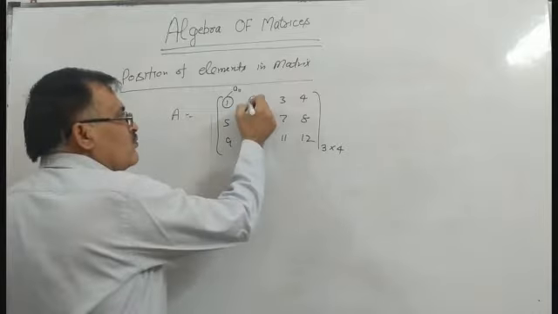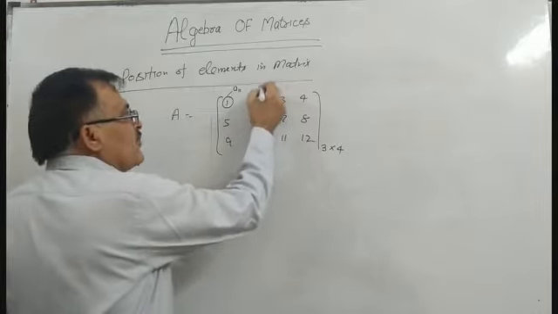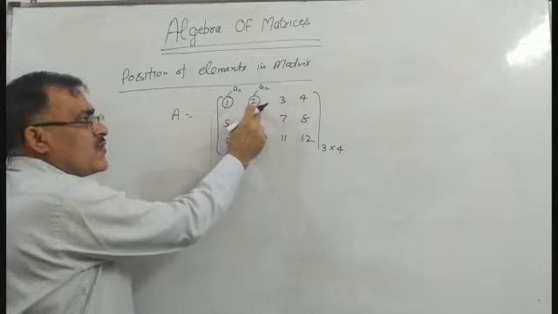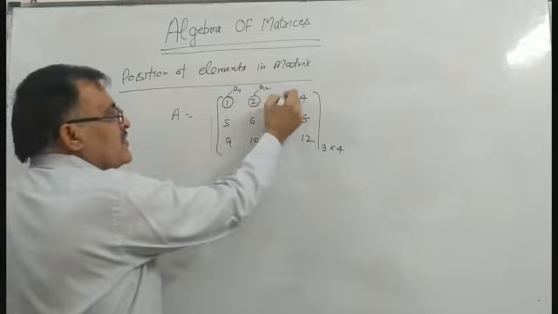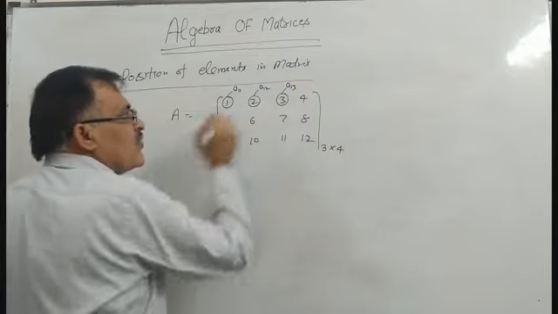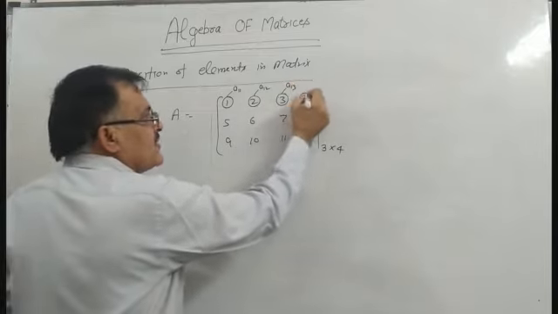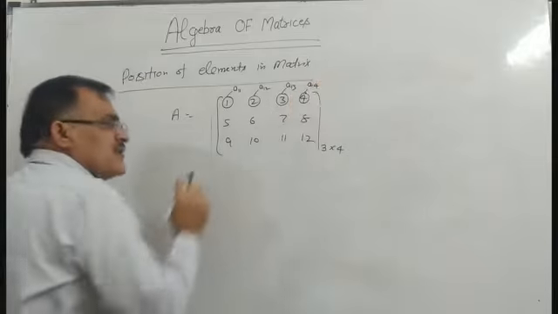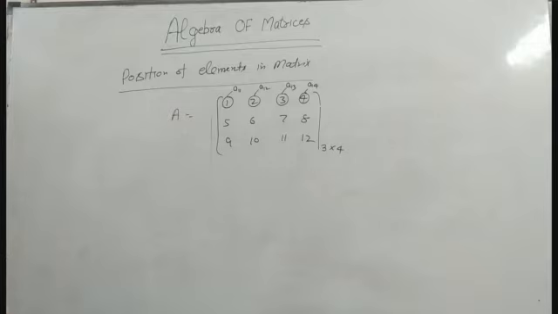And 2, A12, it indicates first row, second column. This is A13, first row, third column. And this is A14, indicating first row and fourth column.